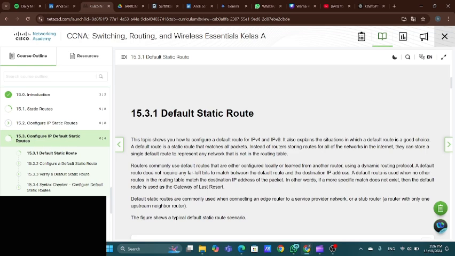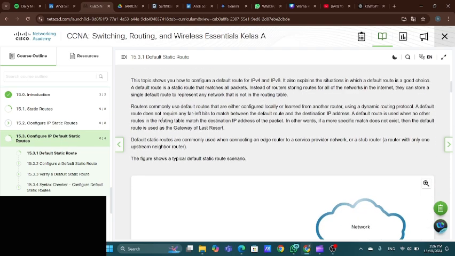It also explains situations in which a default route is a good choice. A default static route is a route that matches all packets, instead of storing routes for all the networks in the internet. Routers commonly use a default route either configured locally or learned from another router.